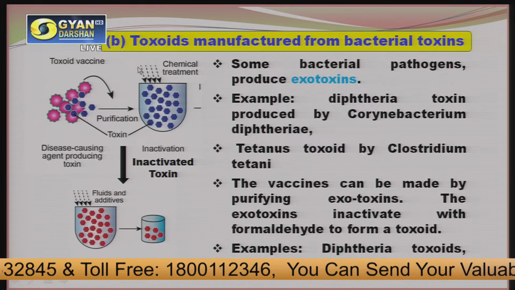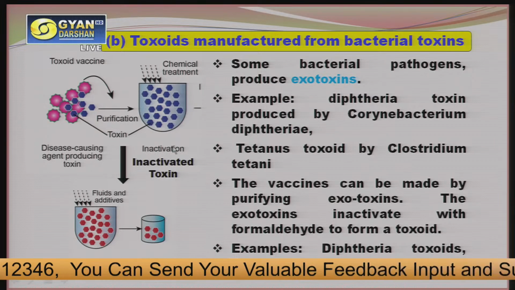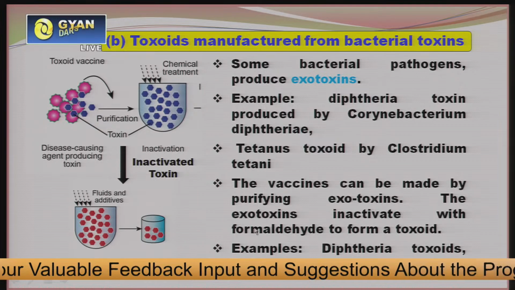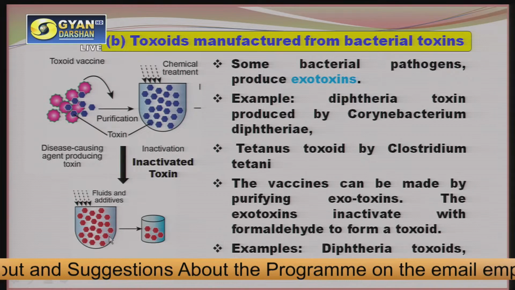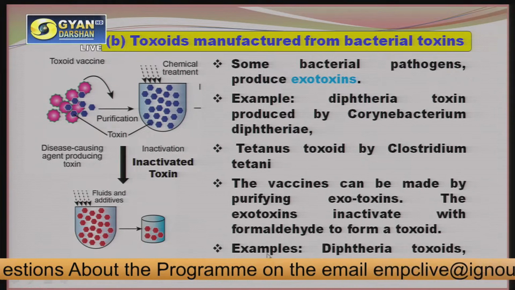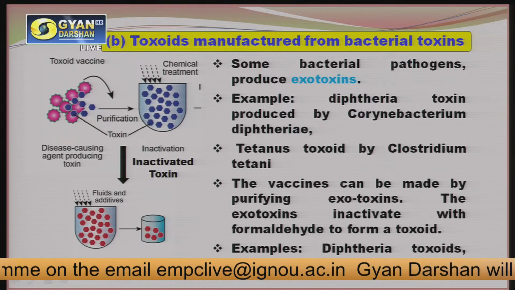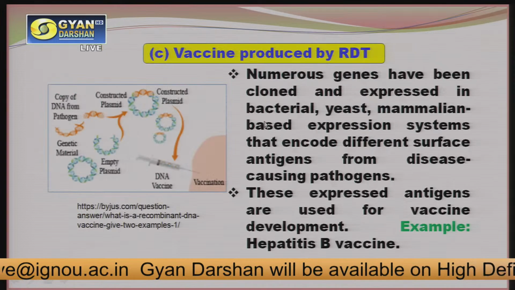So we can utilize a chemical like formaldehyde to inactivate the toxins. This is a toxoid, and this formulation we can utilize as a vaccine. Examples are diphtheria toxoid and tetanus toxoid, types of vaccine which come under this category.